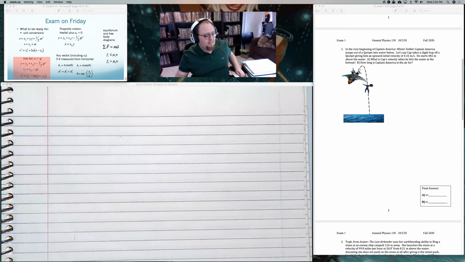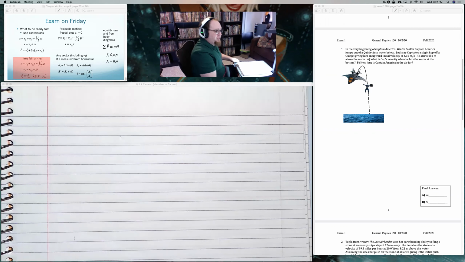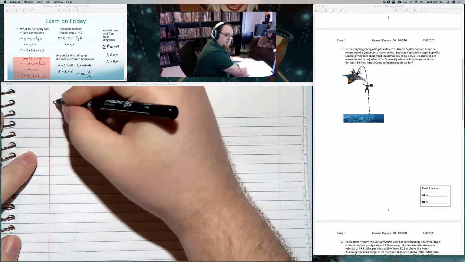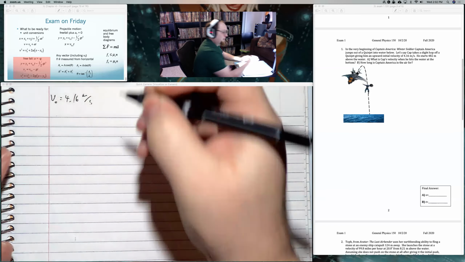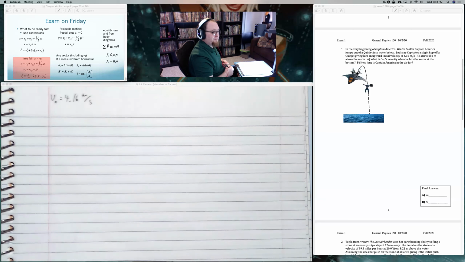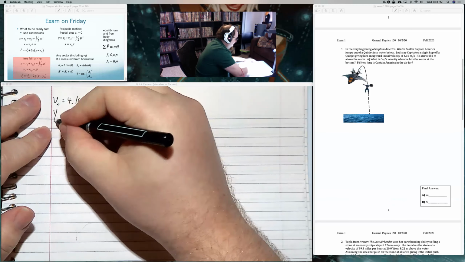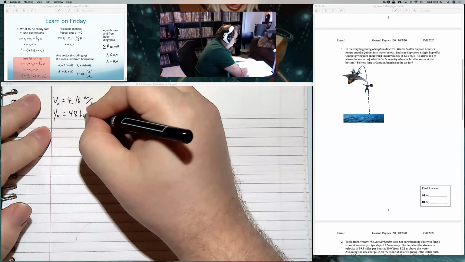What I did last time was I said, in the very beginning of Winter Soldier, Captain America jumps out of a Quinjet into the water below. Let's say Cap takes a slight hop off the Quinjet, giving him an upward initial velocity of 4.16 meters per second. That means V naught is 4.16 meters per second, and it's upward, so it's positive. He starts 482 meters above the water, so he starts at a height of 482 meters.